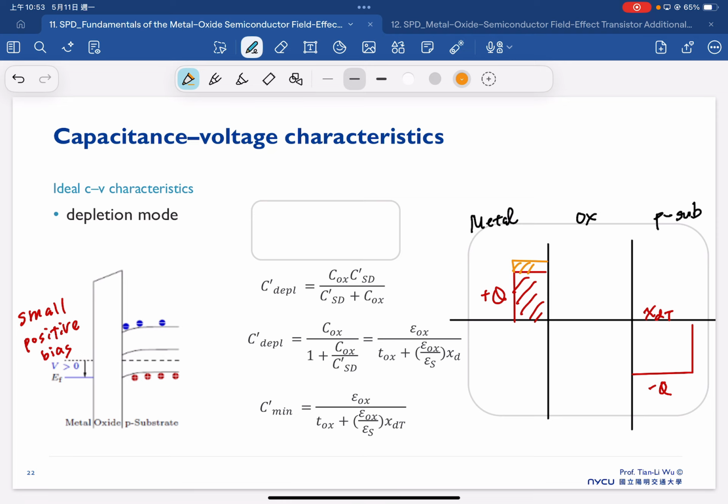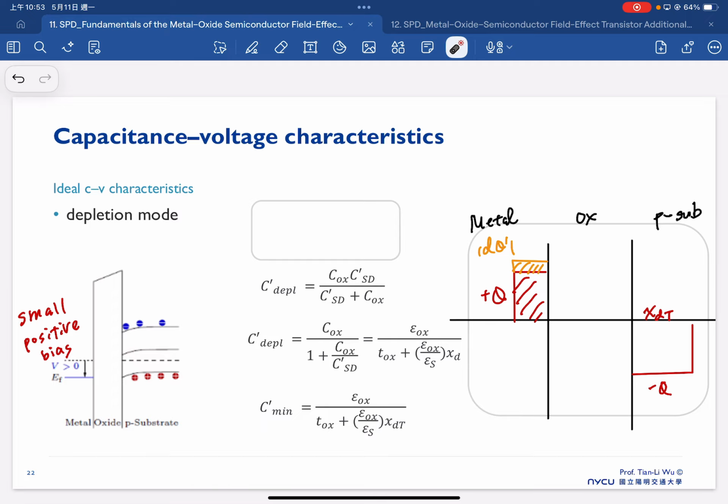The AC will cause additional charge change. But because we now have a space charge region, a depletion region in the substrate, you can see from this band diagram that the Fermi energy just starts to move away from the valence band, but hasn't gone beyond the intrinsic Fermi energy.